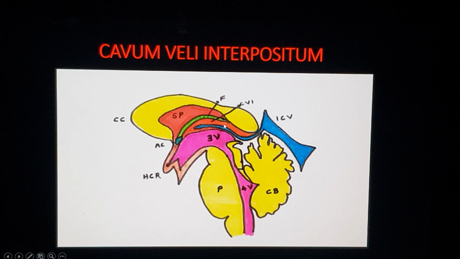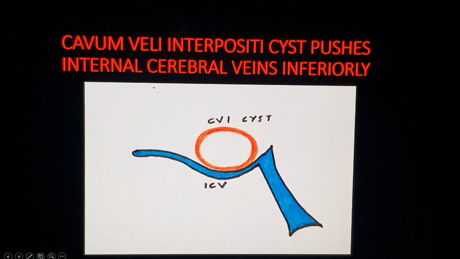The differential diagnosis would be an arachnoid cyst in the quadrigeminal cistern or a pineal cyst, which would be posterior. So if we have a cavum velum interpositae cyst, when it enlarges, the potential space widens and the internal cerebral veins would be pushed inferiorly.